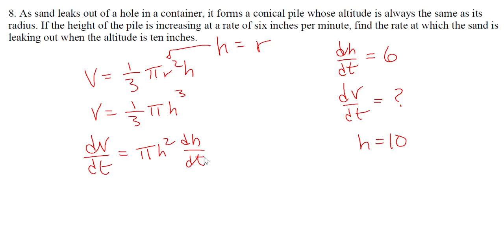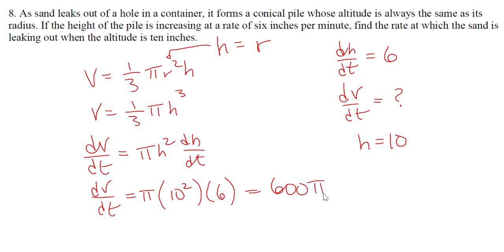And all we have to do is plug in our 10 and our 6 for h and dH dt, giving us dV dt is pi times 10 squared times 6, which is just 600 pi inches cubed per minute.